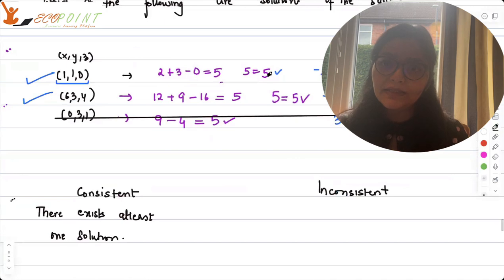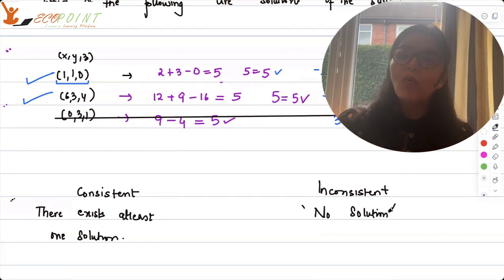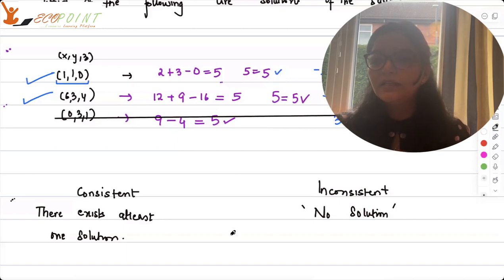So it is consistent. What would inconsistent mean? When there are no solutions. The moment you say no solution, that means there is no tuple which satisfies all the equations at the same time. That is what consistent and inconsistent mean.